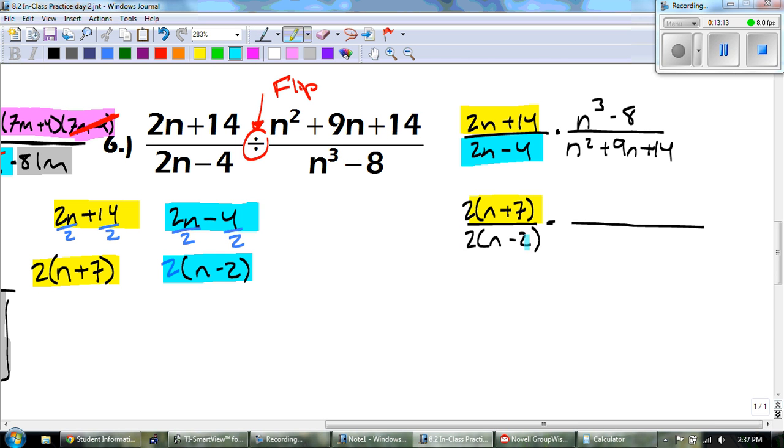Okay. Now, the n cubed minus 8. I'm just going to put that one right here. We have n cubed minus 8. How do we solve this one? Yeah, this is the difference of 2 cubes. Okay, so we have to follow the pattern. We have n, and then the cube root of 8 is 2.